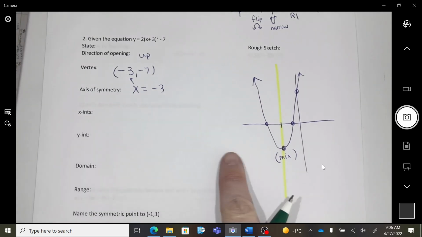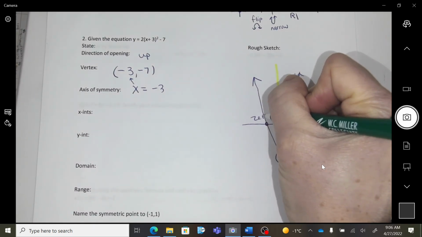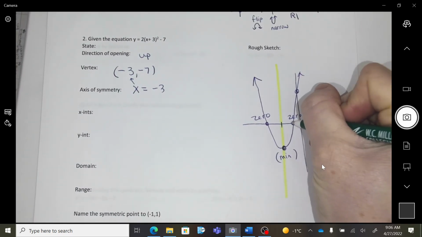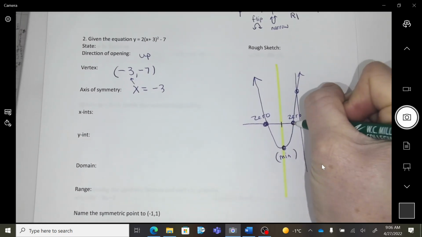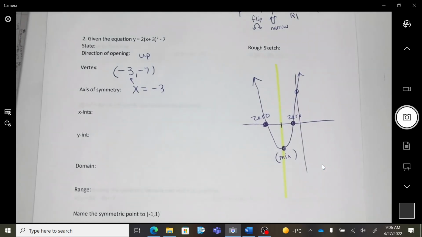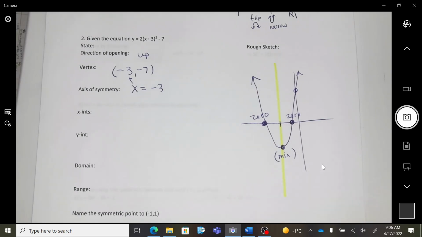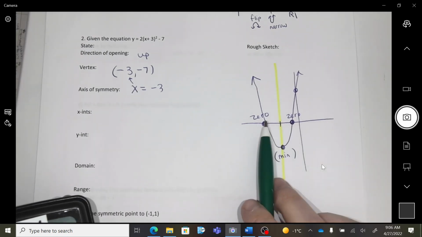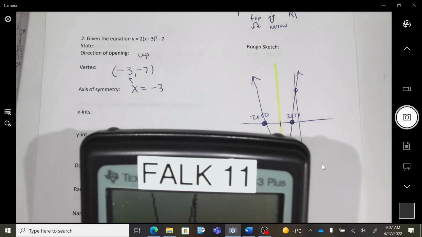Okay, x-intercepts. So now I'm going to find these 2 points, which in the menu, those are called a 0. So I'm going to calculate 0. Can you work and get both of them? So you know how to do that.